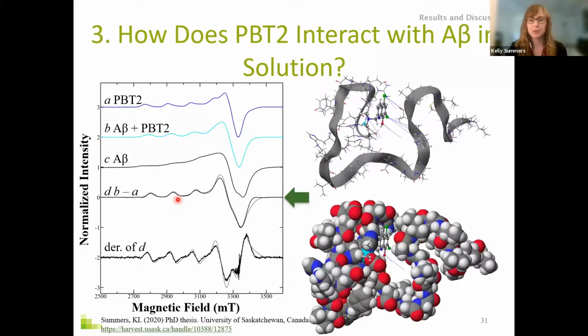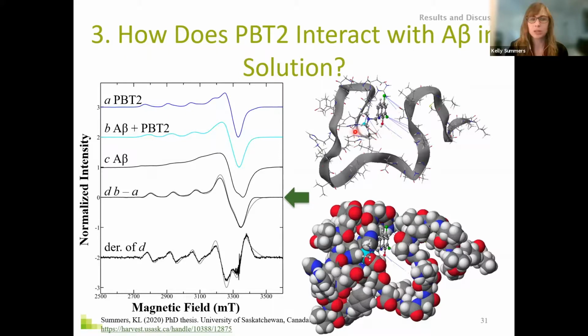We've since repeated these for the paper that we have almost ready. But these are some of our preliminary data. And so you can see here, this is the PBT2. And this is the sort of backbone of amyloid beta. This blue dot is the copper 2.